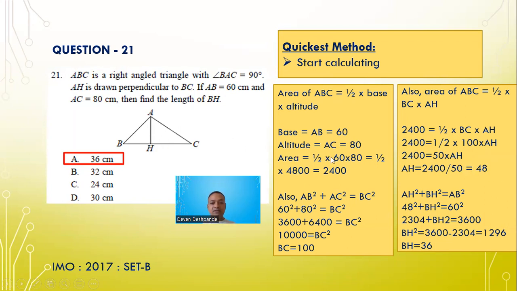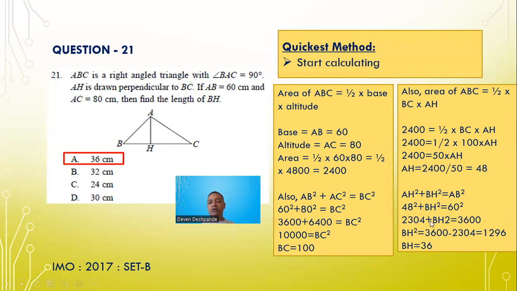So again, now in this triangle, AH square plus BH square is AB square, isn't it? AH square plus BH square will be AB square because this is 90 degrees. It is a perpendicular. What is AH? AH is 48. What is BH? We have to find BH. And what is AB? AB is 60. So 48 square plus BH square is 60 square.